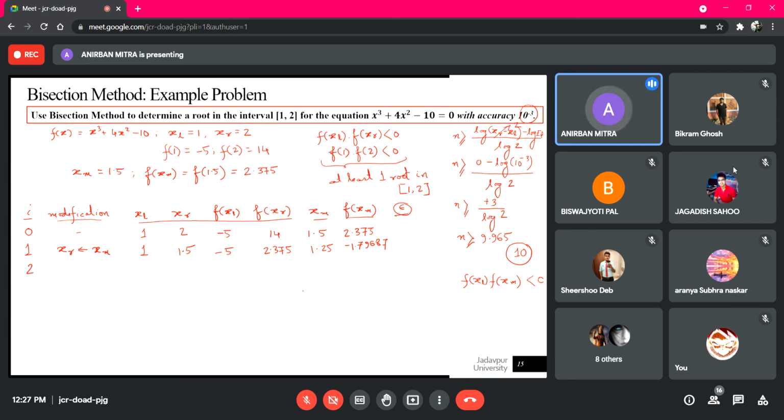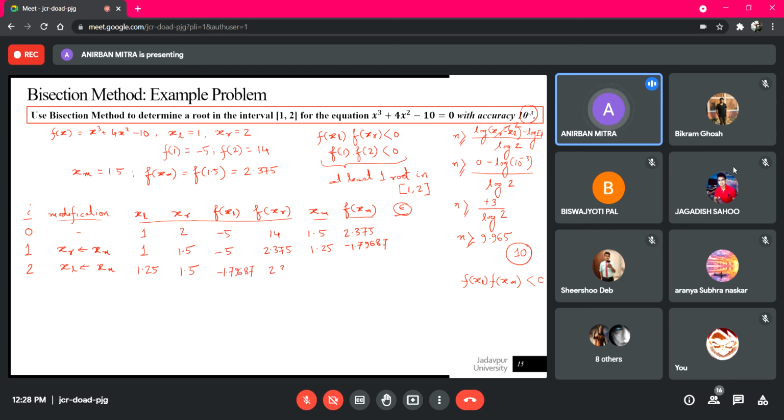So that gives us a positive value. So this condition is not satisfied. So we will shift the other end. Now this means that xl will come to xm. So this changes now. This one remains unchanged as the previous one. This is 1.79687.